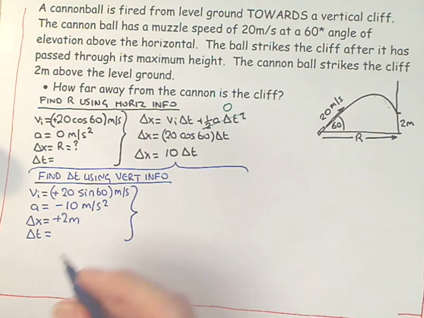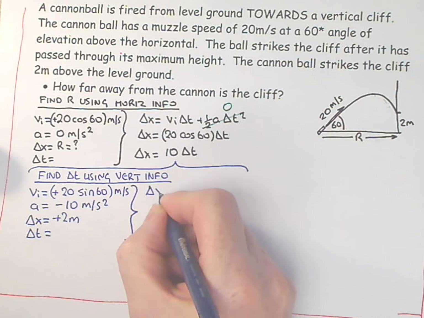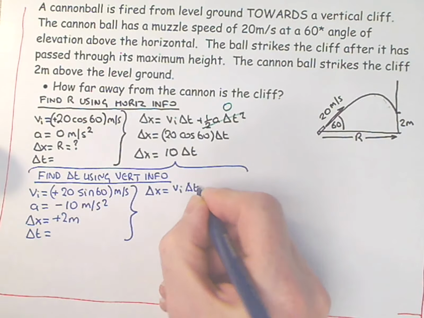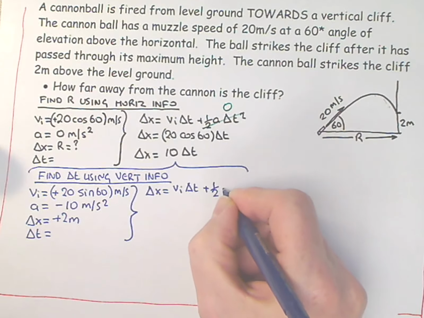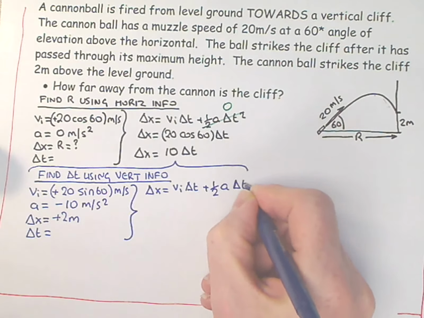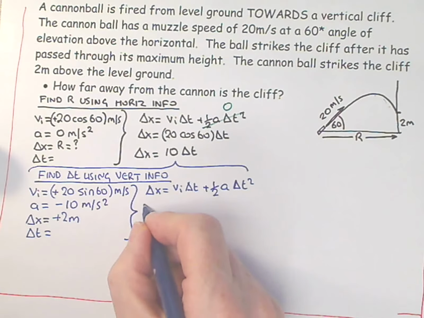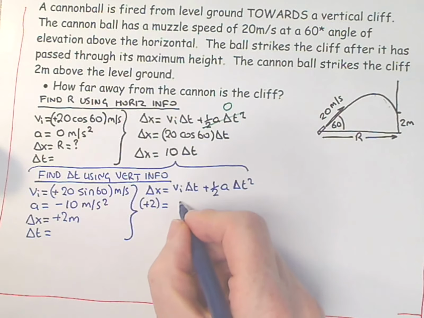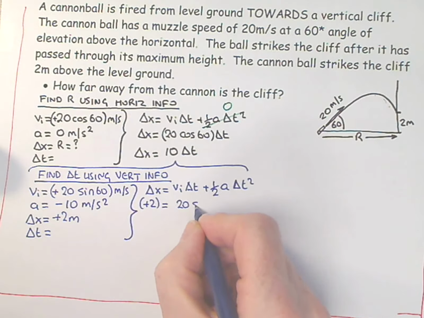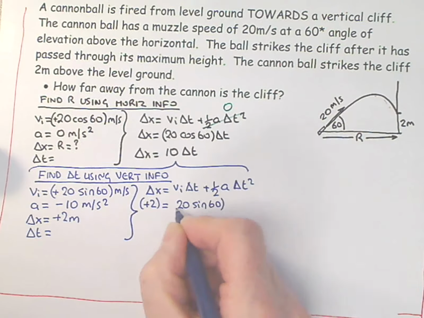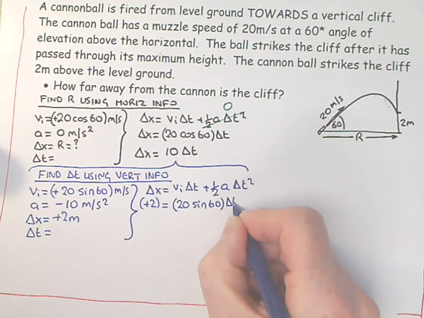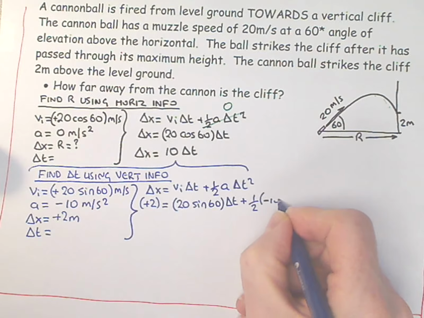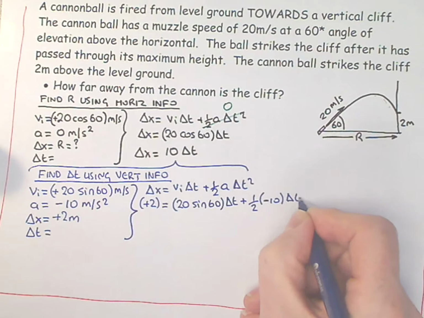So I say, same equation: delta x is equal to vi delta t plus 1/2 a delta t squared. So plus 2 is equal to 20 sine 60 times delta t plus 1/2 times minus 10 times delta t squared.